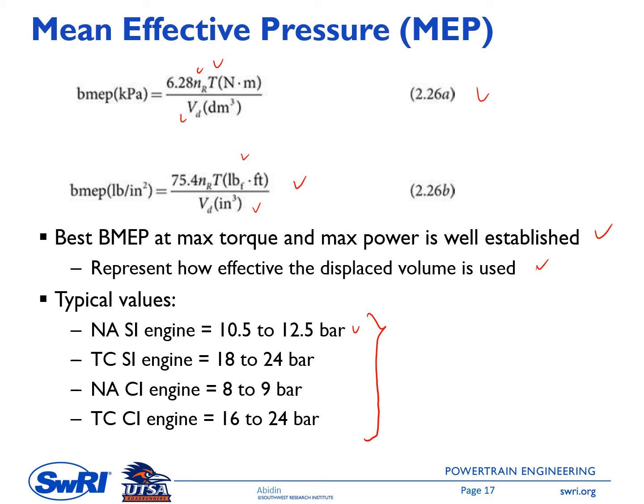And then when including a turbocharger in the engine, we can increase the BMEP. In this case, the BMEP ranges from 18 to 24 for a turbocharged spark ignited engine. And this is for a naturally aspirated compression ignition engine, so a diesel engine. And the last one here is for turbocharged diesel engines.